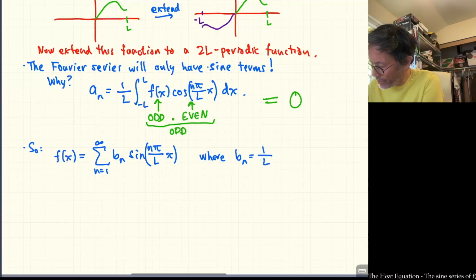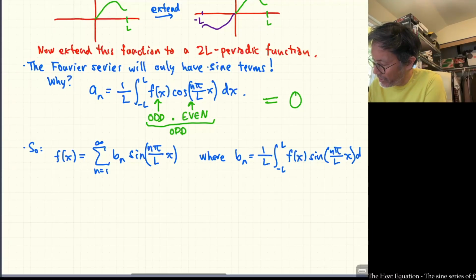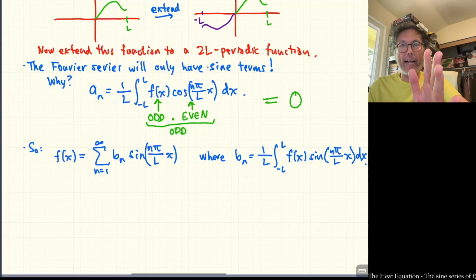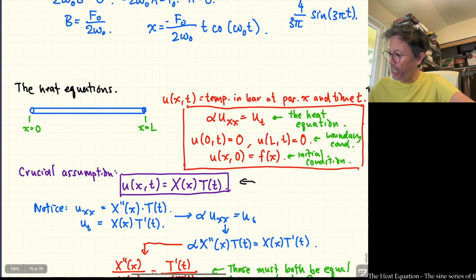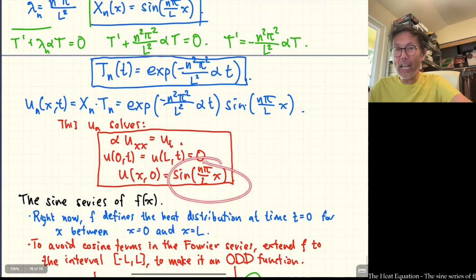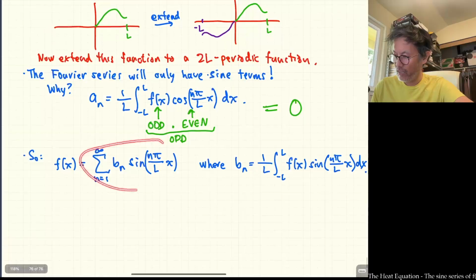It's given by 1 over L times the integral from negative L to L of f of x sine n pi over L times x dx. Okay? Amazing. Because what we've done now, going back to our differential equation, is express our initial condition f of x as a sum, an infinite sum, sure, but a sum of these sine n pi over L times x's. Yes? That's what we've done here.